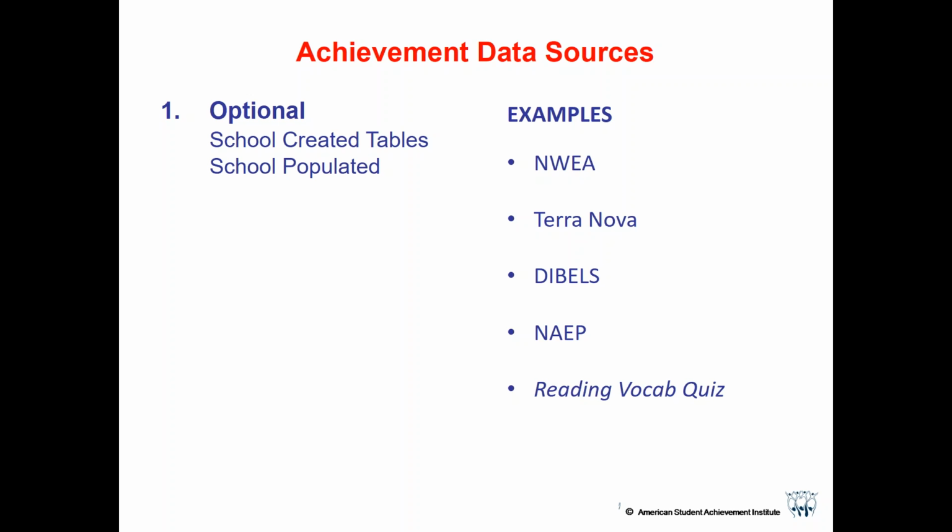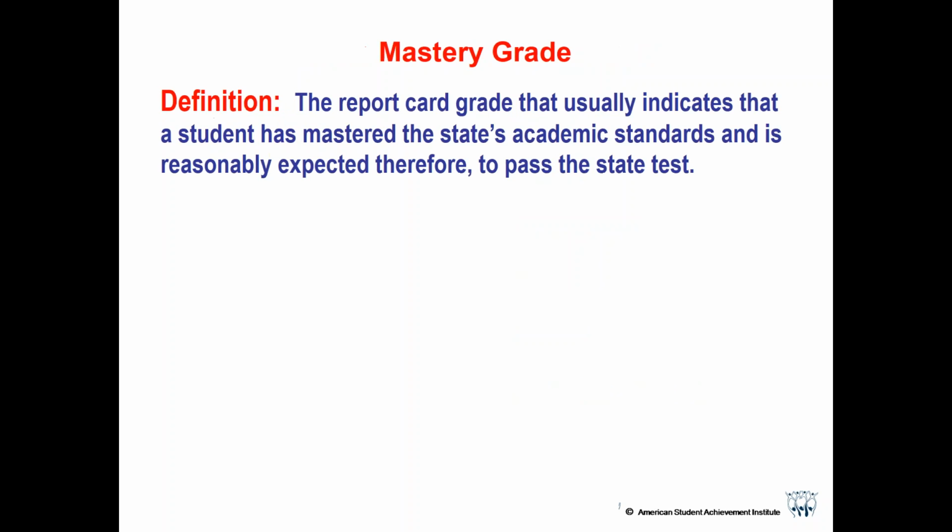So, or there may also be other kinds of publishers like NWEA, Terra Nova, Dibels, NAEP, that you're using in your school, and we want to make sure that we've captured that data into our assessment of your school with your council, and in this case with your steering team.